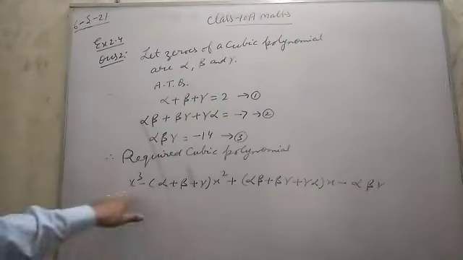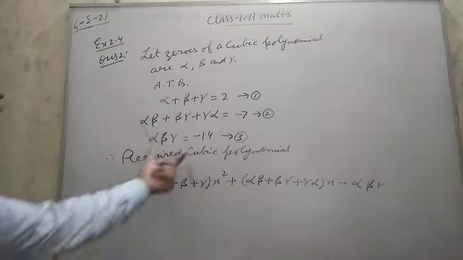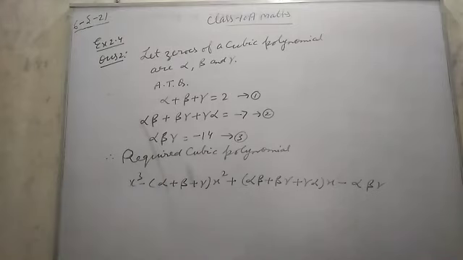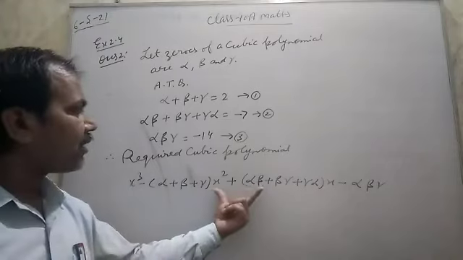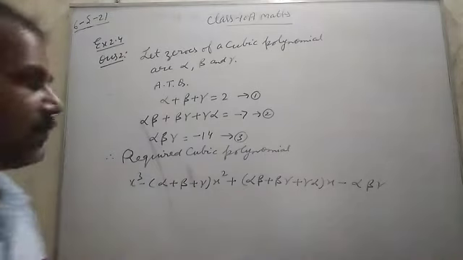Okay, so this formula you have to learn. By that this question will be very simple. There are some other methods also, but if you learn this formula, it will be easy.